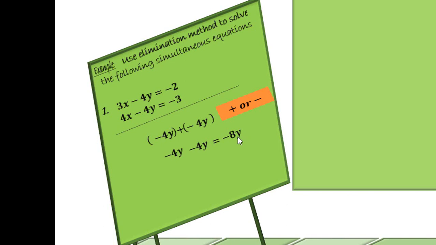No, it doesn't. Remember I said you must use a sign that will make the minus 4y and the minus 4y here become 0. So we've tested positive, and this positive sign doesn't make them become 0. So we are done with positive.